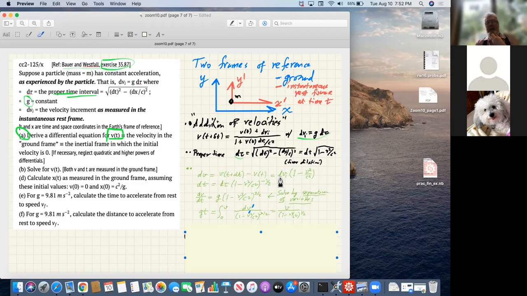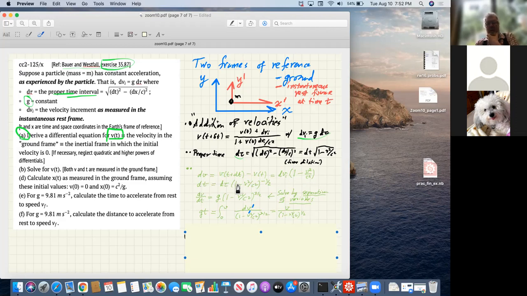So I have g d tau times 1 minus v squared over c squared, d tau over dt. But d tau over dt is 1 minus v squared over c squared to the minus 1/2. dv divided by d tau. No, dv divided by dt.